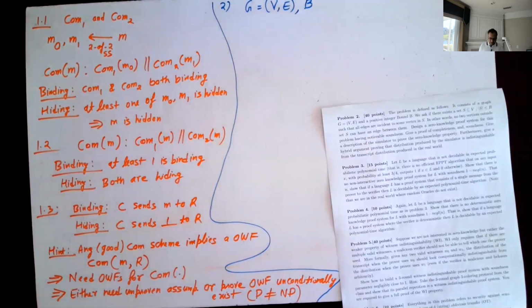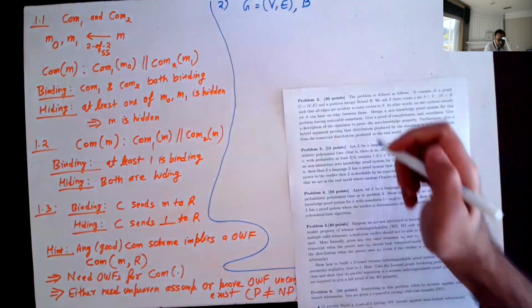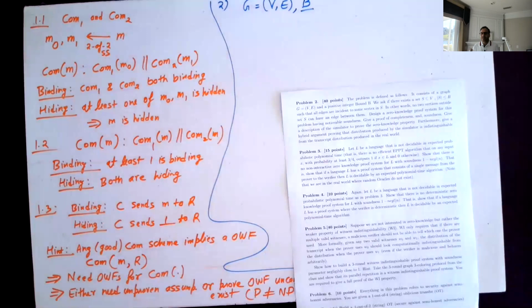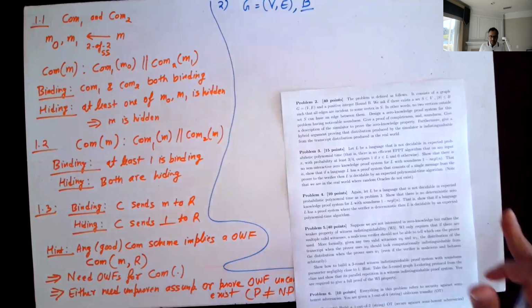Now the question is, does there exist a subset of vertices of size at most B such that this subset covers all the edges in some sense? So look at any edge, at least one of the endpoints will be inside this set S.